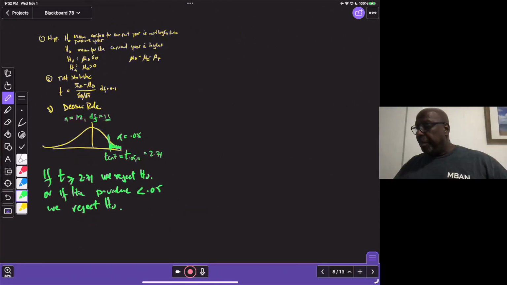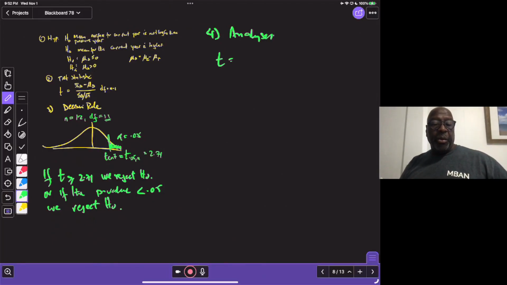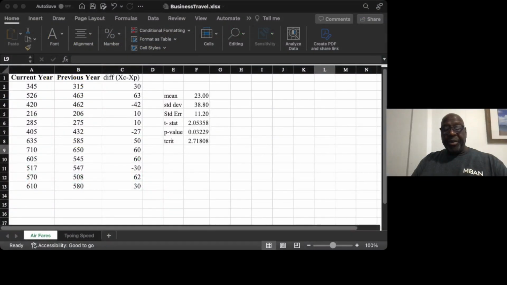All right? Now step 4, the analysis. So T is equal to, what is our sample mean? So I went ahead and calculated our sample mean. And so if we actually go back to my spreadsheet, you will see that I've calculated a sample mean of 23, right?